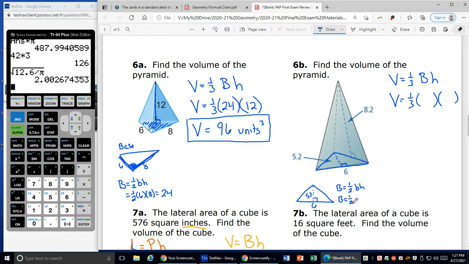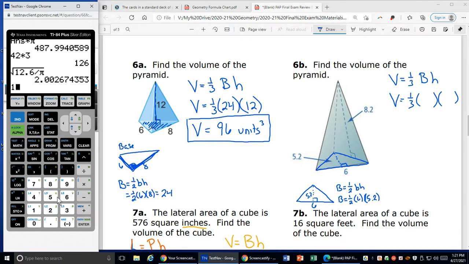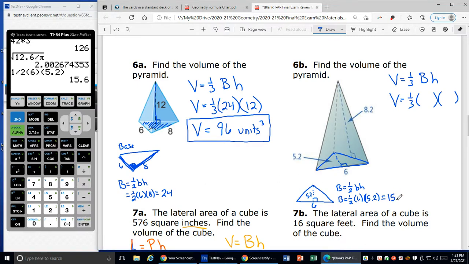So that's going to be 1/2 its base, 6, times its height, 5.2. So 1/2 times 6 times 5.2 is 15.6. That's the area of the base.